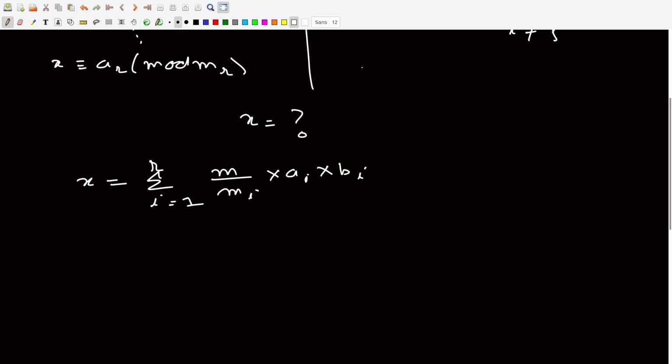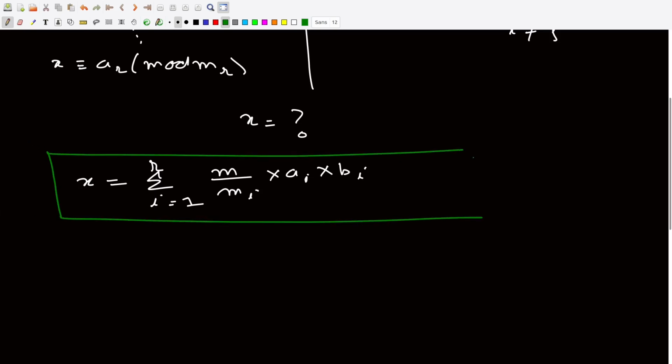This is the solution which the Chinese remainder theorem gives us: if you have such equations, the first value of x can be obtained by solving this equation. Now let us look at the various components of this equation.